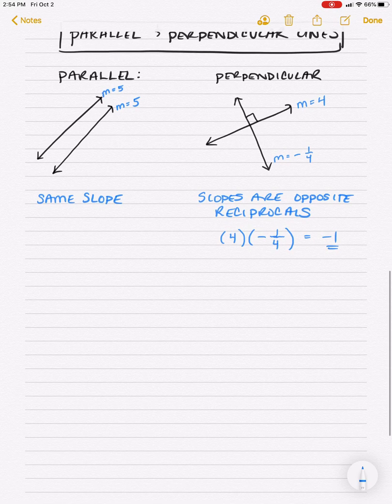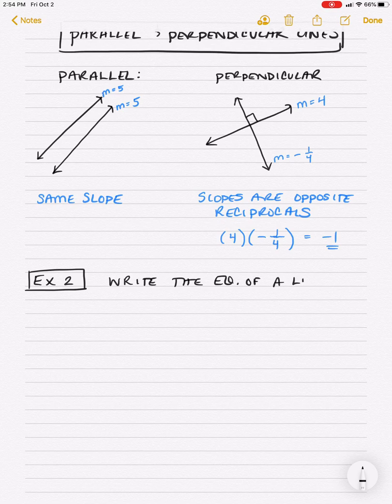All right, let's look at an example. Let's pull together everything we've talked about so far. Example 2. Okay, we're going to write the equation of a line perpendicular to the line y equals -3.